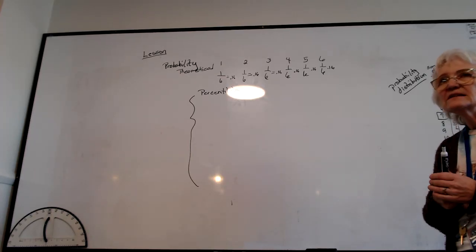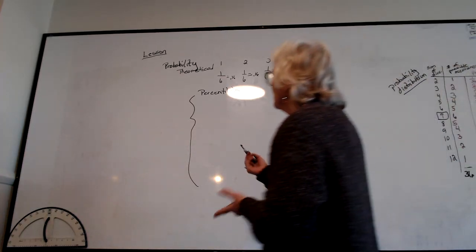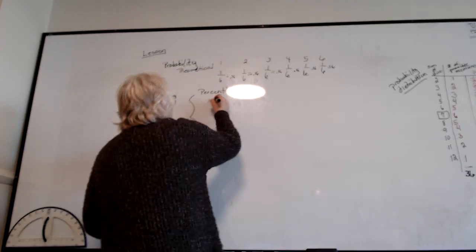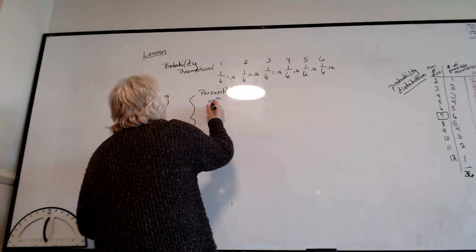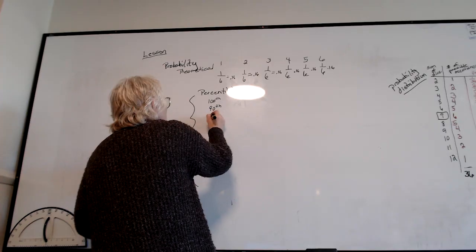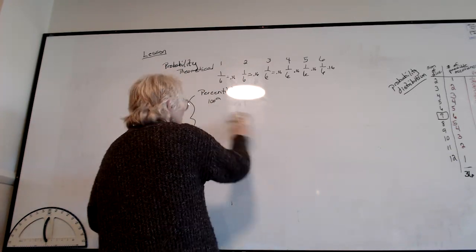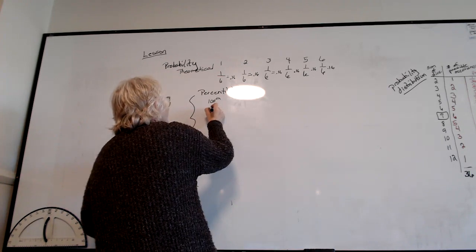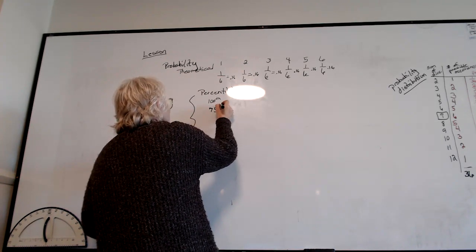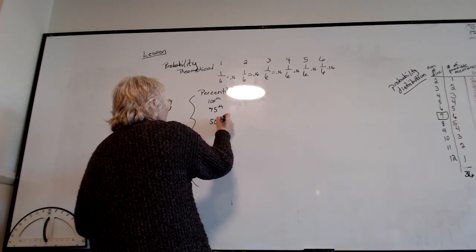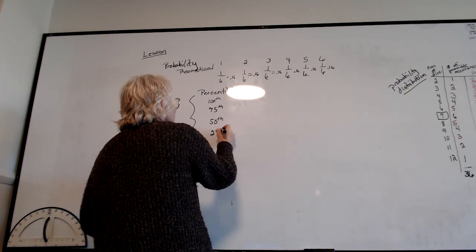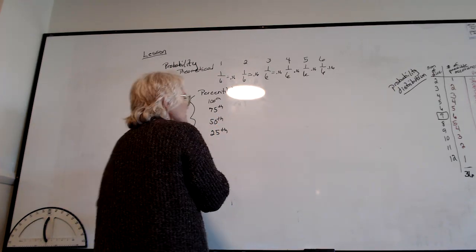Let's go by 25s, it's much easier: the 75th percentile, the 50th percentile, and the 25th percentile, and we won't say 0.